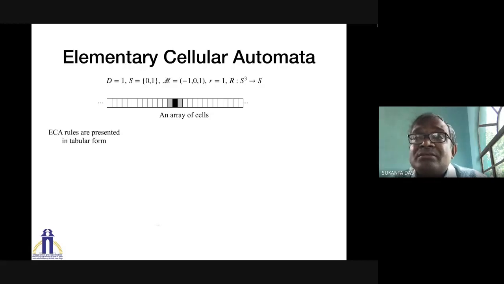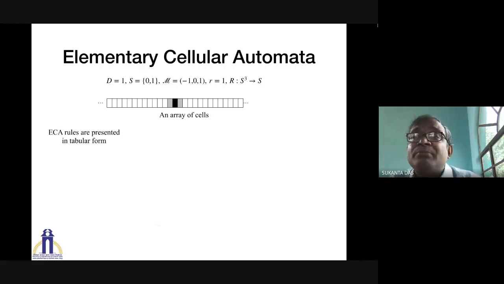And nowadays, the major share of CA research is with these elementary cellular automata. Most of the people who work in the domain of theory and application of cellular automata deal with elementary cellular automata.